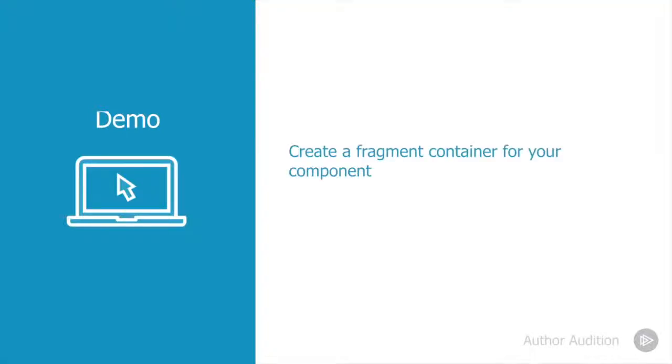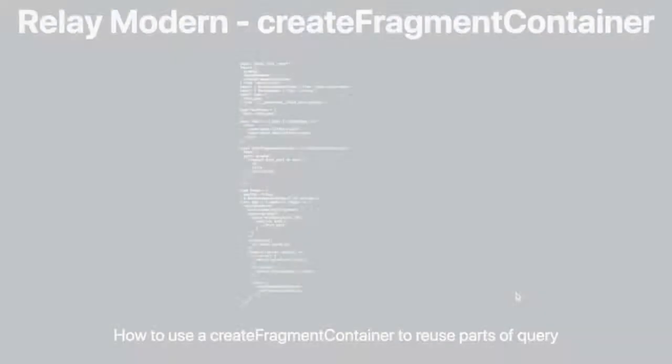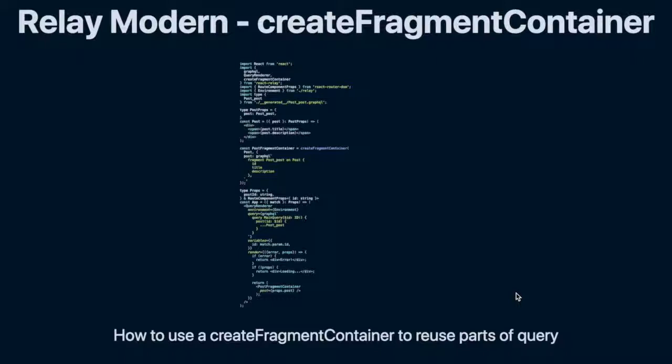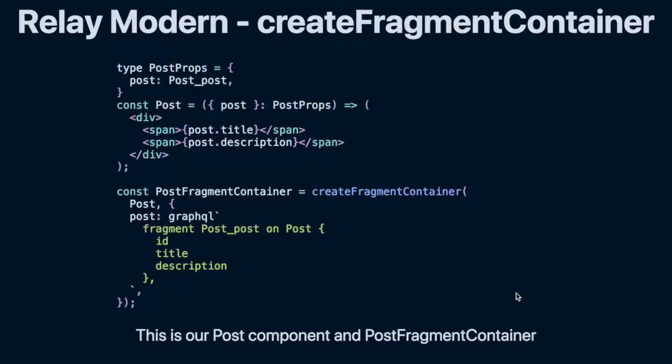In our demo, we're going to take a look at how we can use fragment containers to bring data colocation to components, and how we can use the fragments we create for our components to compose our queries. We're going to learn how to use createFragmentContainer to have data colocation for our components and how to reuse them in our query. So this is our post component.